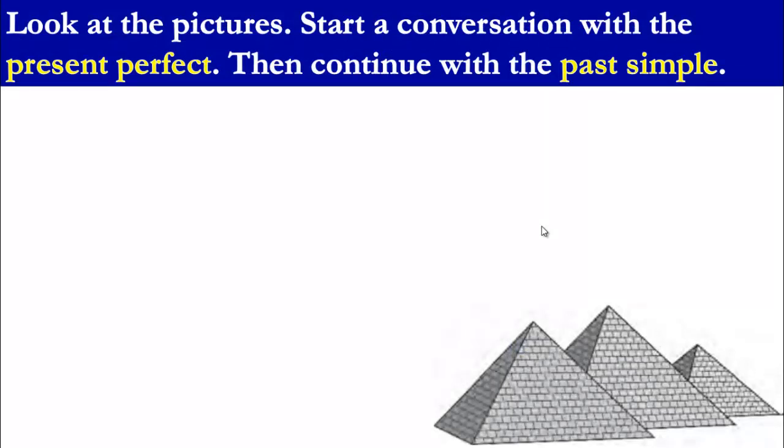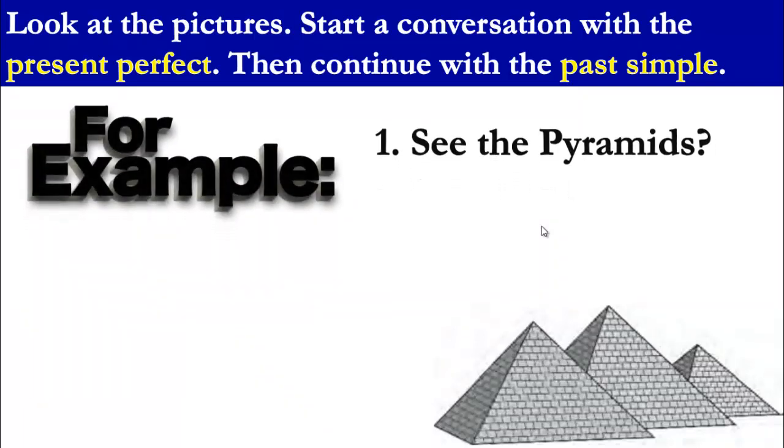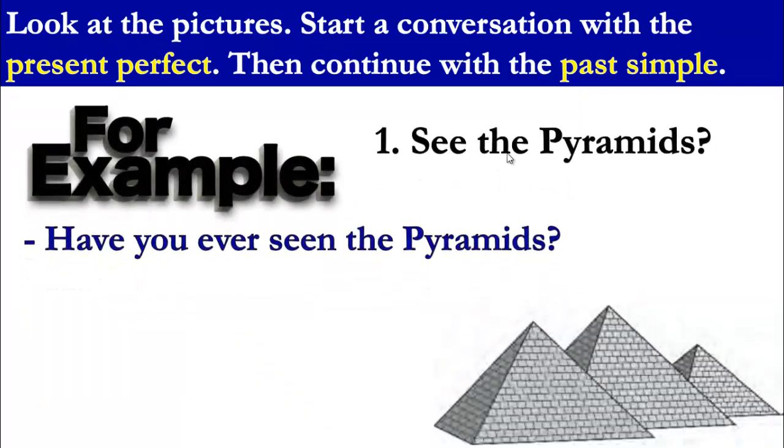Now here we are going to practice some conversations. Here you are going to use present perfect or past simple. Present perfect like this one. For example, see the pyramids here. Here you are going to ask the question in the present perfect, like have you ever, and verb 3 from see, it's going to be seen. Have you ever seen the pyramids?